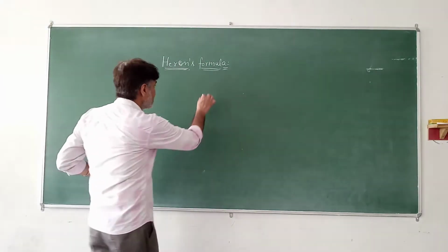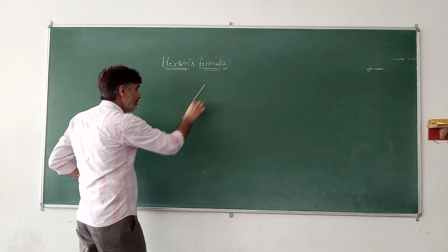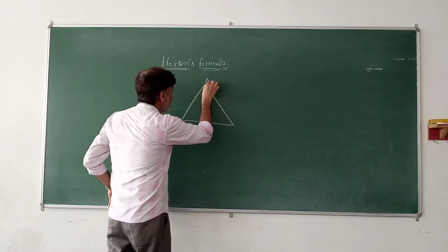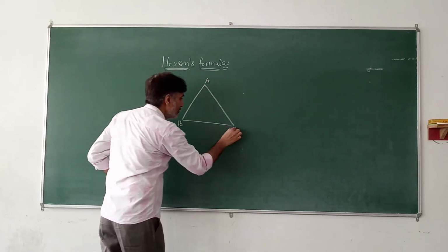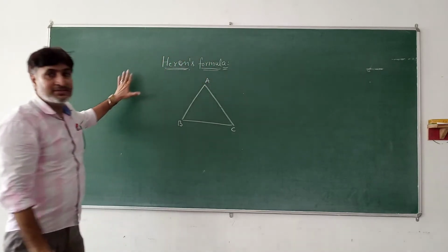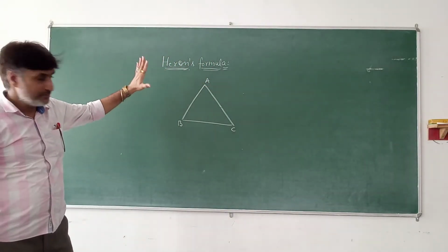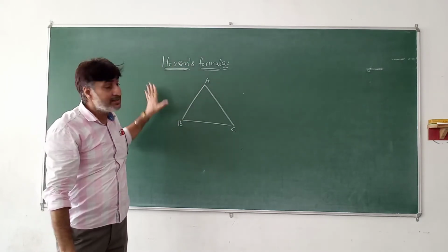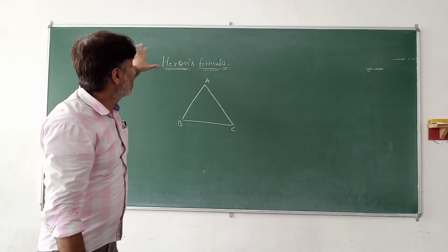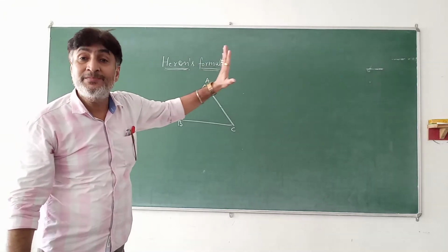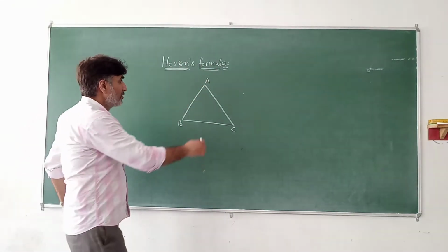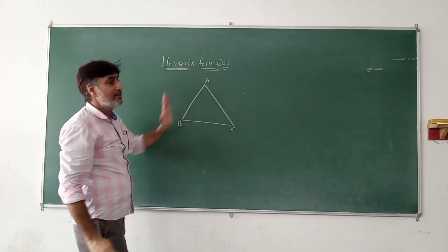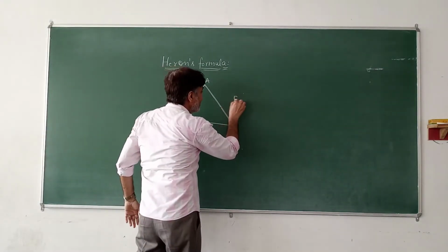For an example, let this be a triangle ABC on this flat surface, meaning a flat board. When we draw this triangle ABC on this flat surface, the plane is divided into three parts. The first part of this blackboard is outside this triangle, which is called the exterior region.